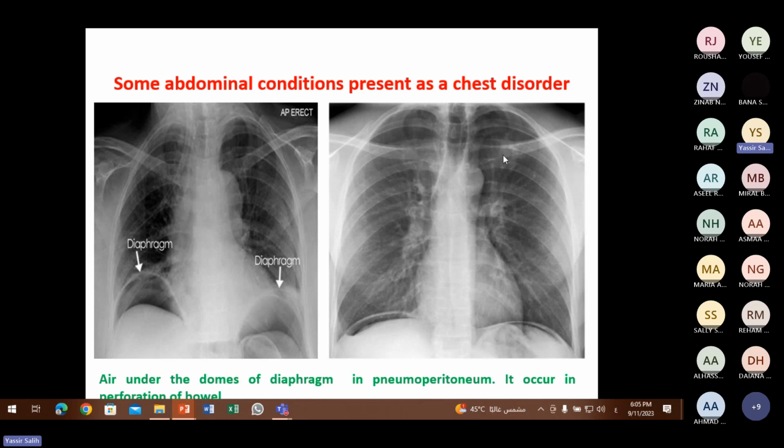Is there any abnormality, lung nodule, or increased or decreased or abnormal opacity? No. How about the heart? No. How about the hilum? Is it normal? Yes. How about the diaphragm? Normal.